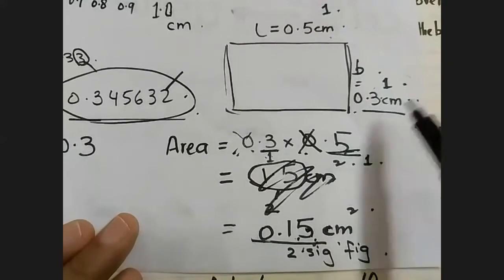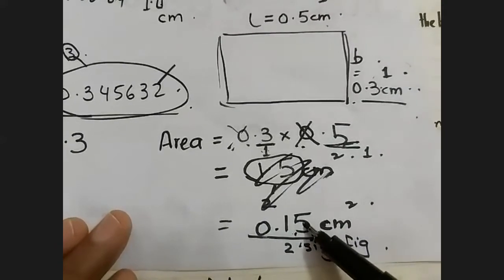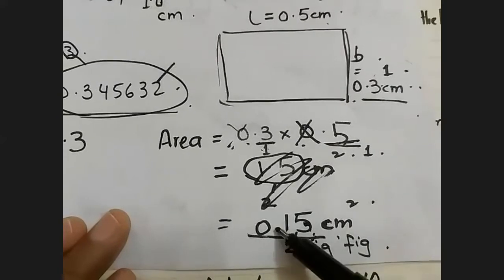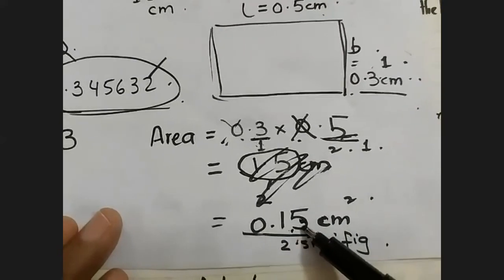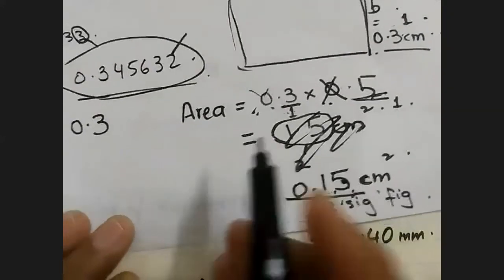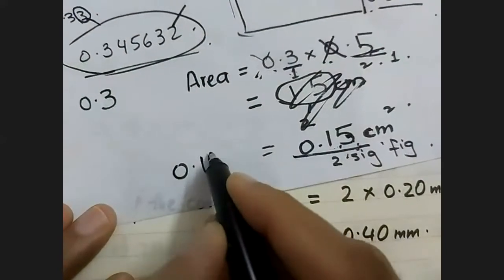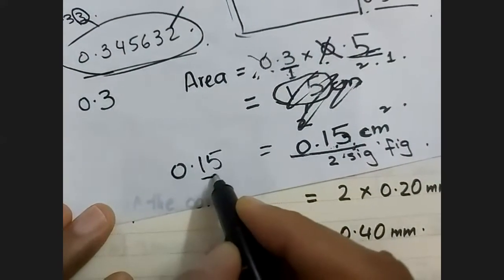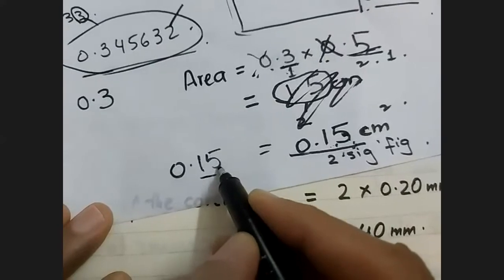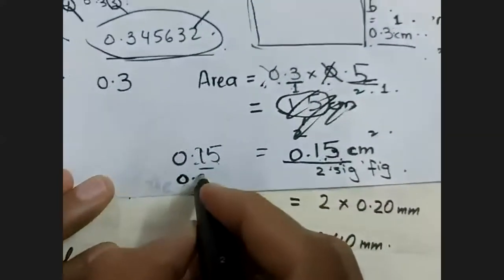Therefore, the answer also should have only one significant figure. So we will round this number off to one significant figure. It's 0.15, so I want only one significant figure. I will look at this, this is 5, so I will increase this to 0.2.